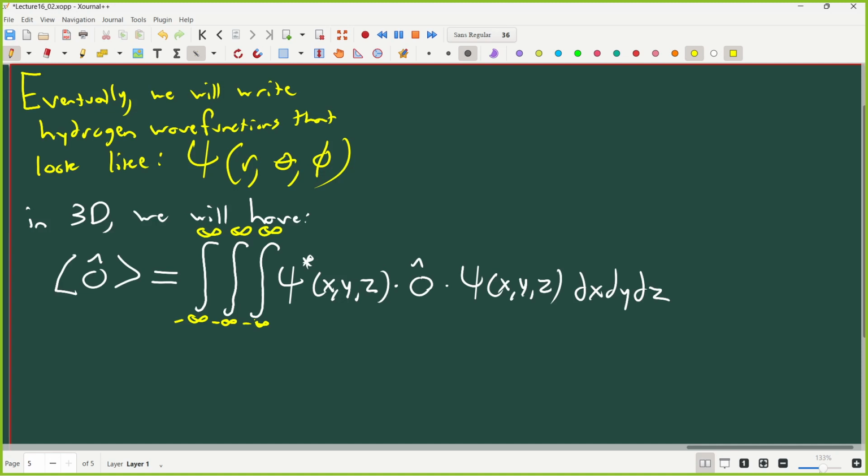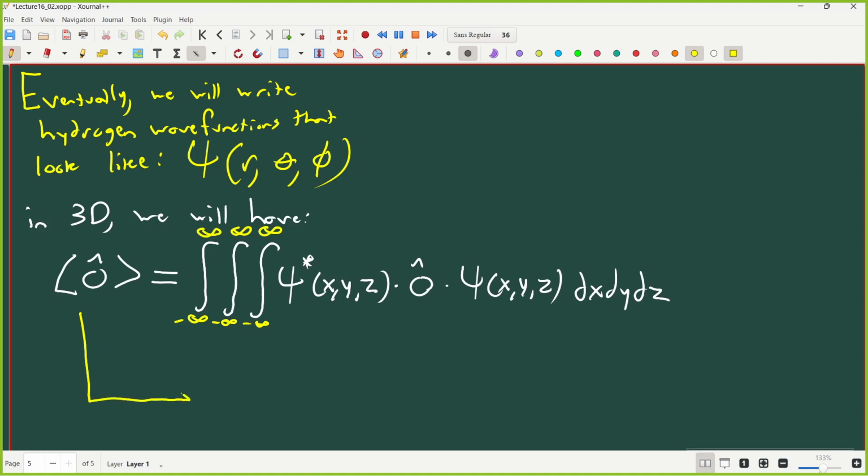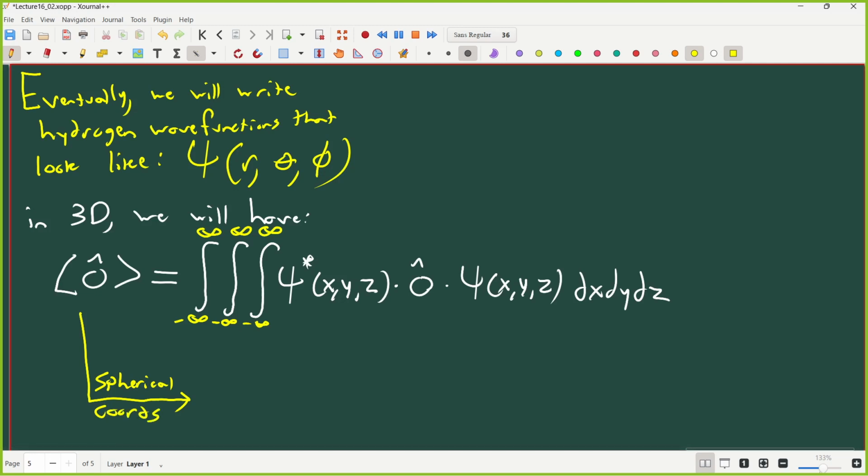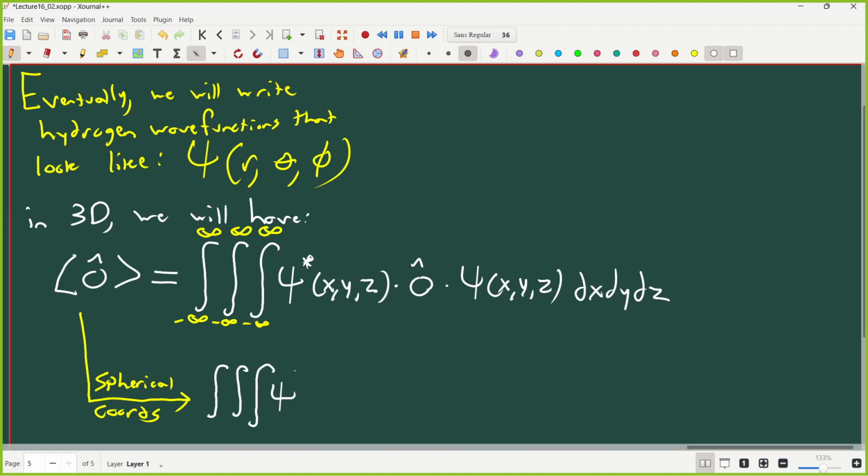So when I convert to spherical coordinates, again, I still have three integrals, but now psi is a function of r, theta, and phi.